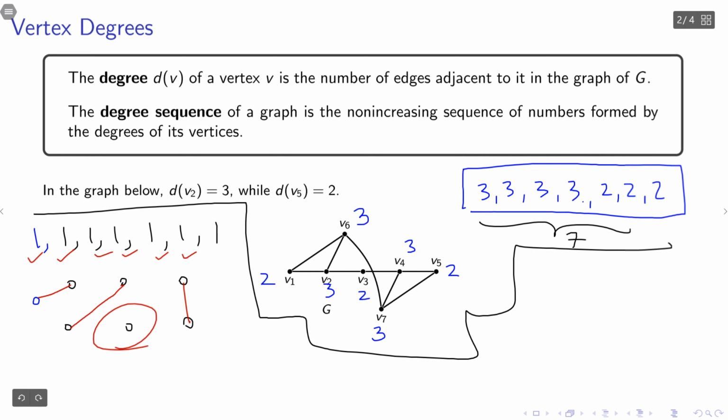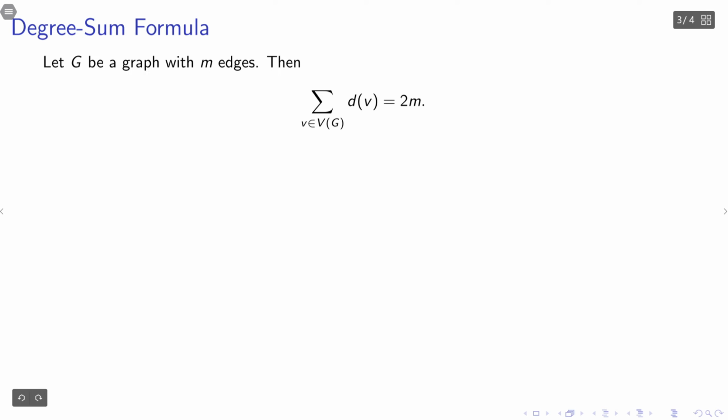The reason why we don't get a graph with this specific degree sequence of seven ones is due to the next result here. It's called the degree sum formula. In fact, you would have seen this when we were trying to draw that graph with degree sequence 1, 1, 1, 1, 1, 1, six ones. So remember what we were doing there. Whenever I added an edge, degrees go up by 1 for these vertices.